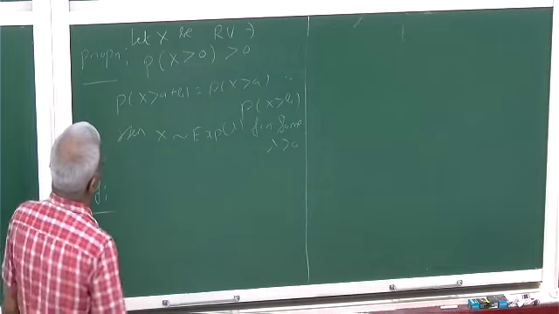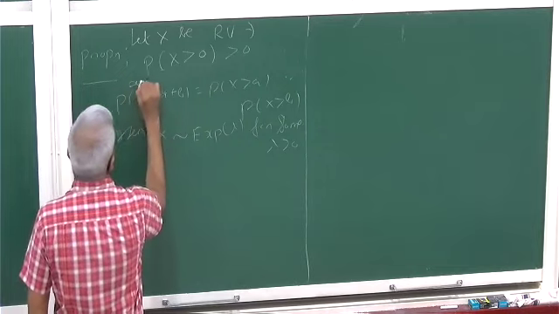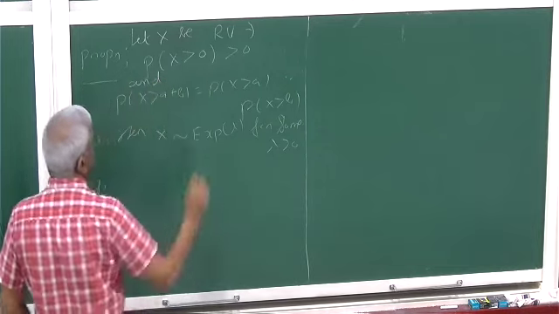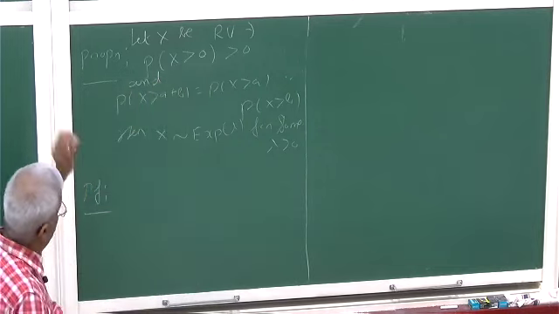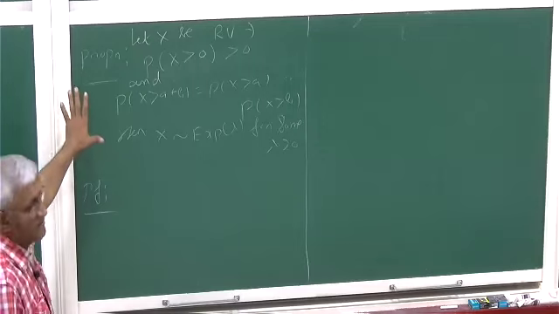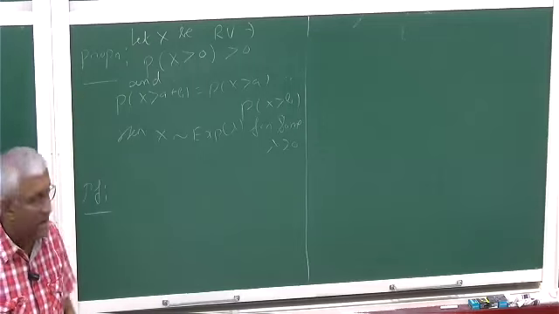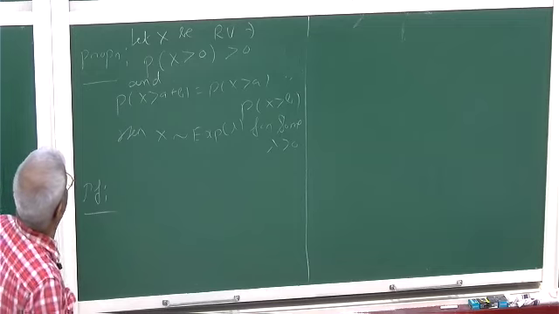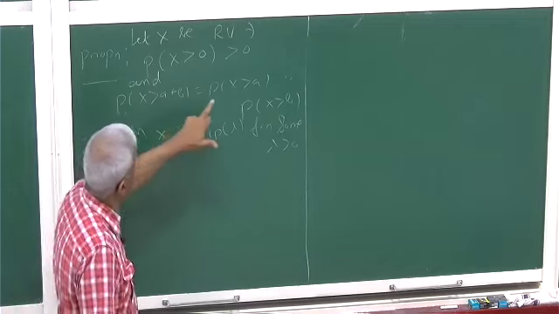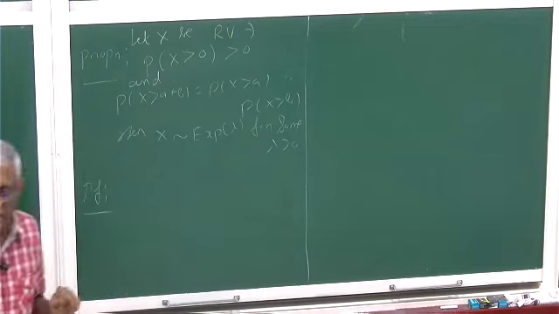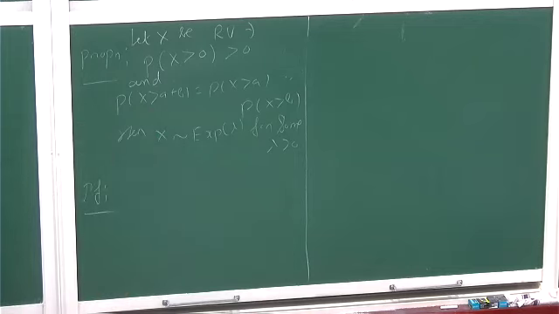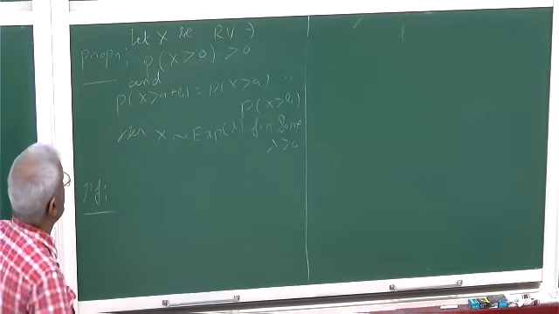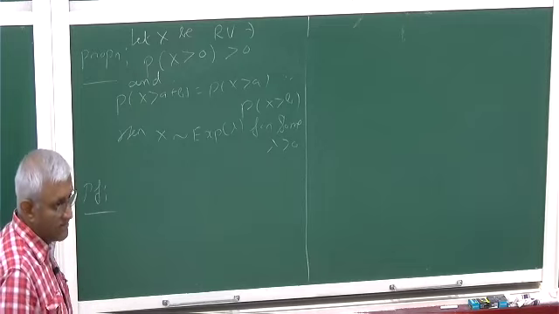Then, if the multiplicative property holds, it is an exponential random variable. This is what we want.